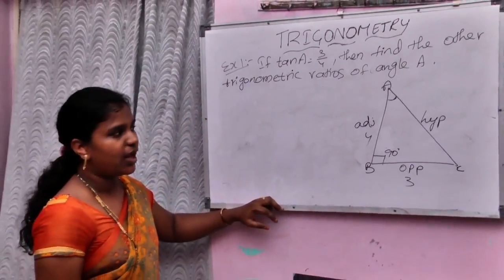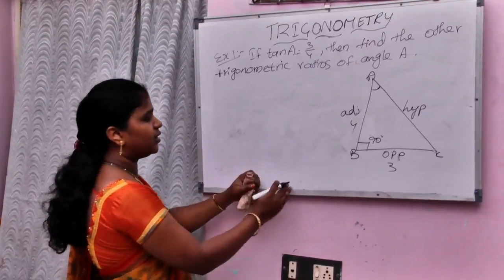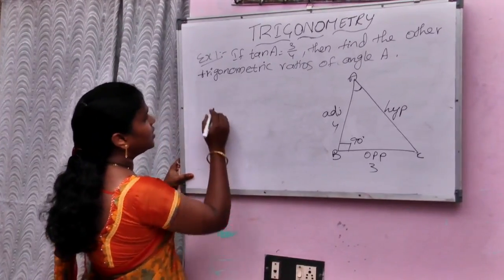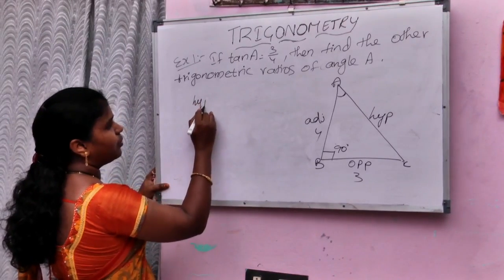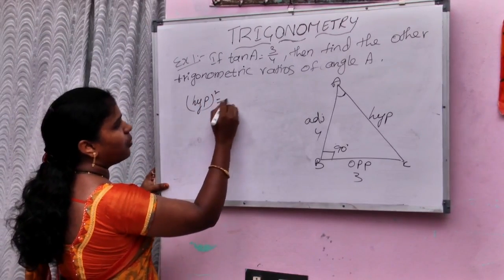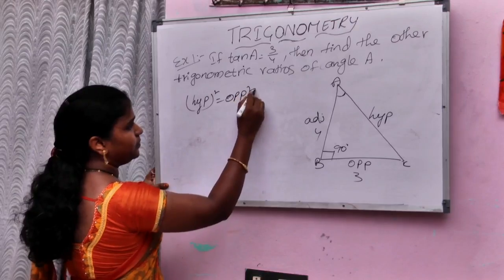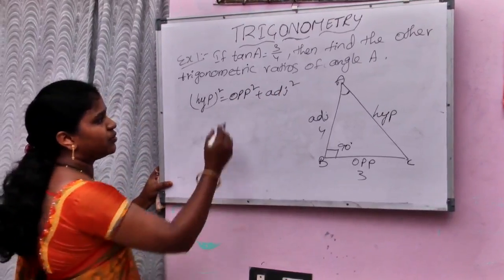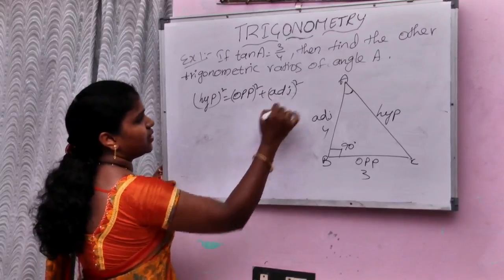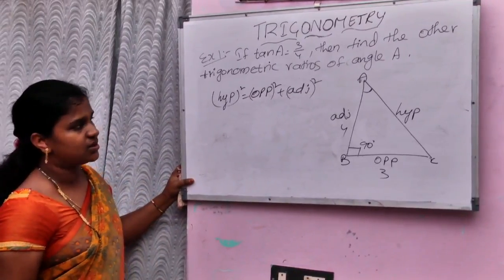For finding the hypotenuse, we had a formula in the previous classes, that is the Pythagoras theorem. Hypotenuse square is nothing but opposite square plus adjacent square. This is called the Pythagoras theorem.